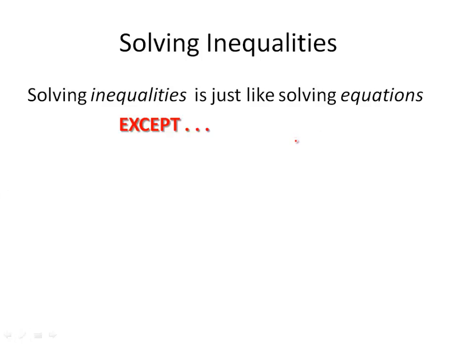Before I tell you what the exception is, just consider when 2 is less than 4, that's a true statement. Now, what if I take a different color and multiply both sides by -1? In an equation, I'd be allowed to do that with no problem. But let's see what happens. -1 times 2 gives us -2, and then 4 times -1 is -4.